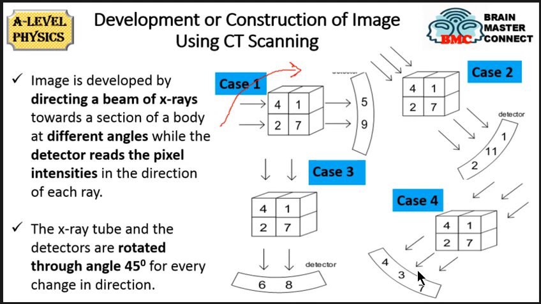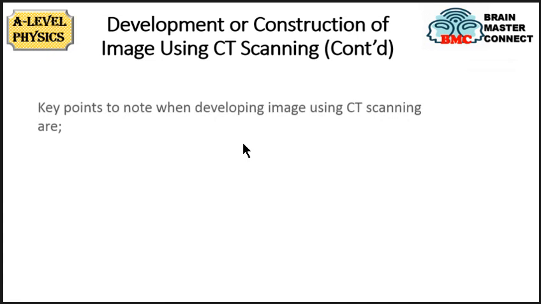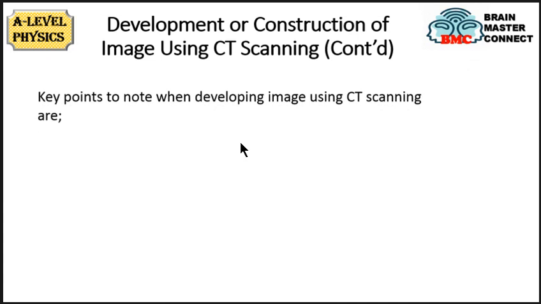So this is just the simple explanation of how the X-ray tube and detector move when an image is being taken. But at this point we want to quickly consider key points to note when developing an image using CT scanning.